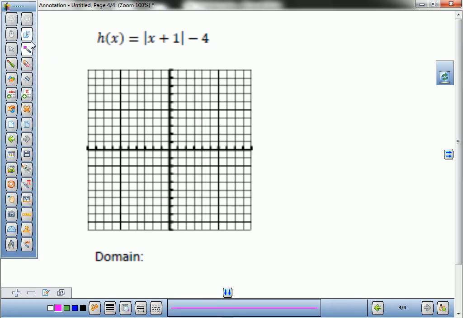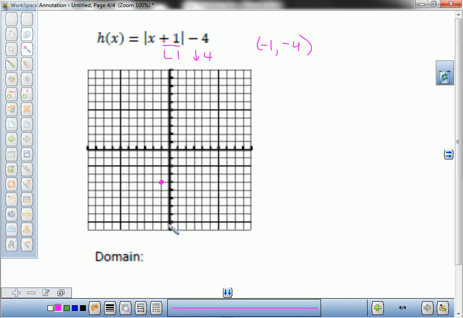Okay, so where does that parent graph that we drew to start with, how is that one shifted? This tells me left 1, this tells me down 4. So left 1, down 4 tells me my vertex is right here.